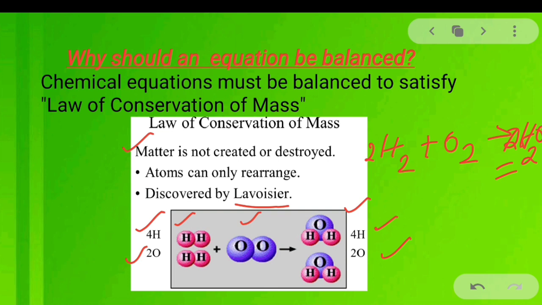So, it's proof that the number of atoms present in reactant side is equal to the number of atoms present in the right hand side. Means we cannot create the atom or destroy the atom during the chemical reaction. What we are doing? We are just rearranging. Our atoms are rearranging to form a new substance. That's why the equation must be balanced to satisfy the law of conservation of mass.